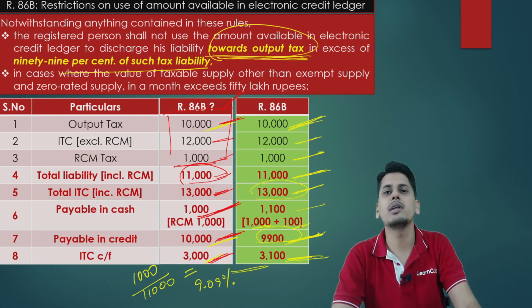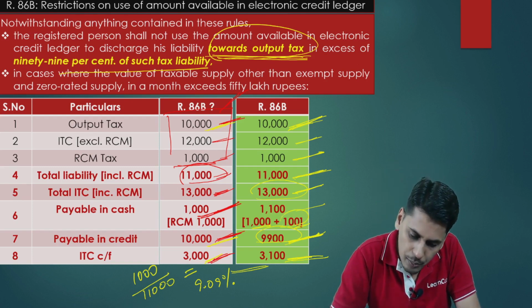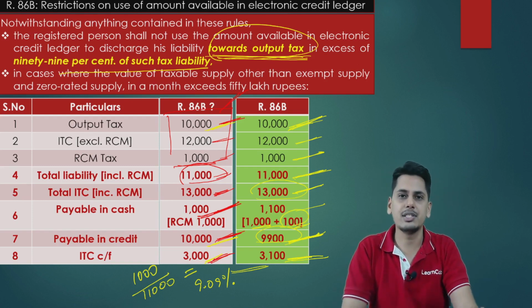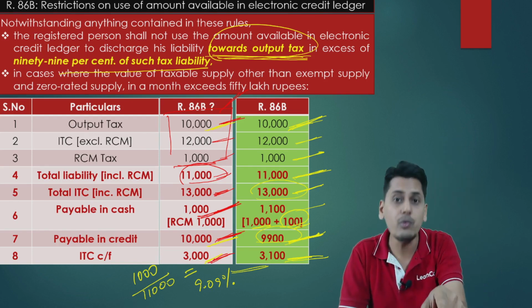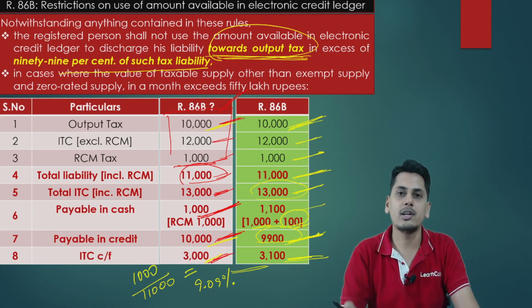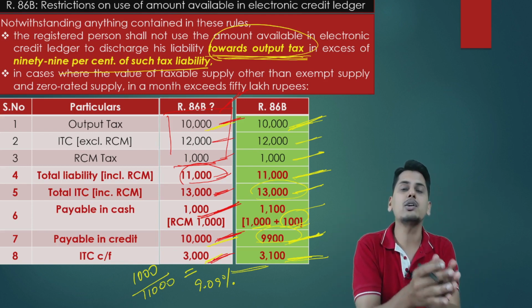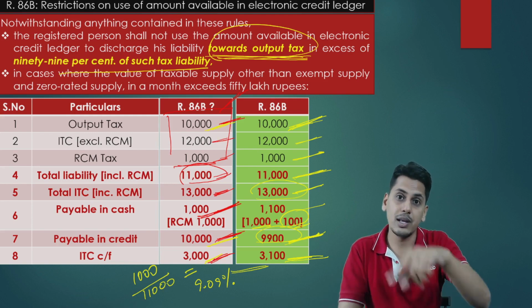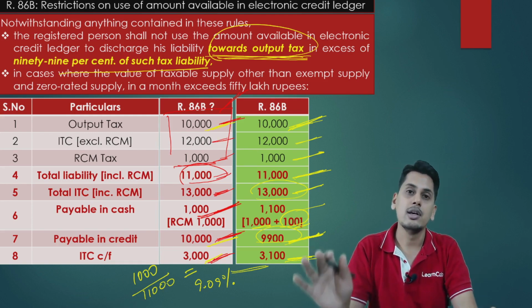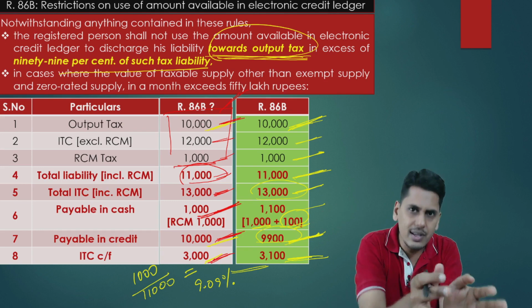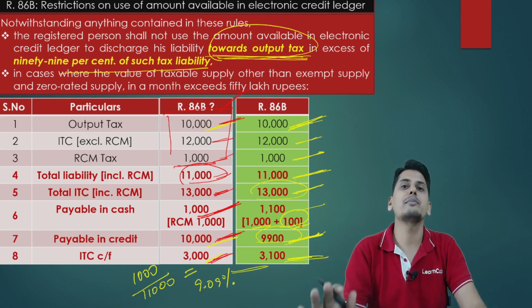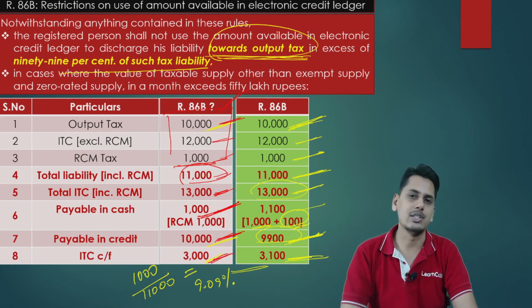Why is it excess over here? Because 100 rupees you have paid through the cash ledger. You did not utilize the input tax credit. Rule 86B did not allow you to use this 100 rupees from your electronic credit ledger. So the electronic credit ledger did not get debited to the extent of 100 rupees which you have debited to your electronic cash ledger. Therefore, the cash which you have invested is lying as a closing balance in your electronic credit ledger.